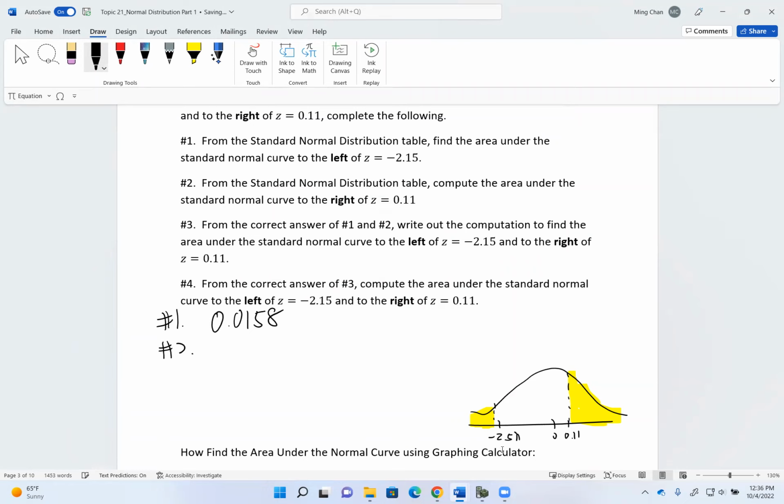All right, number two, find from the table, we're gonna find the area to the right of 0.11. To the right of 0.11, that will be 1 minus the area to the left, because the table only gave me area to the left of 0.11.